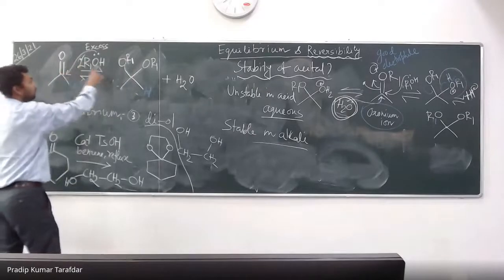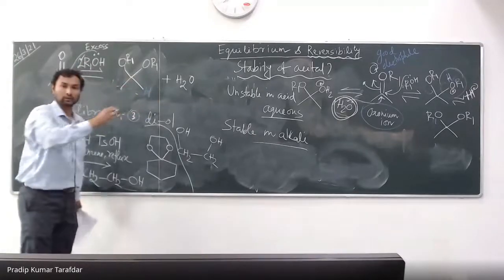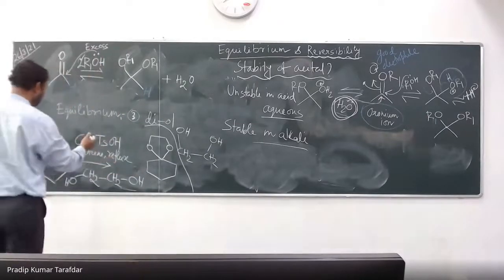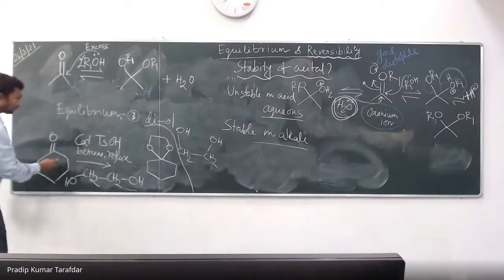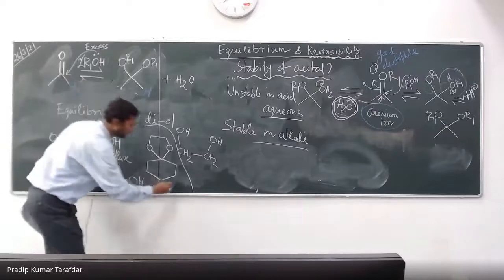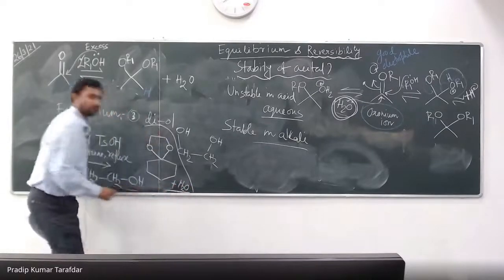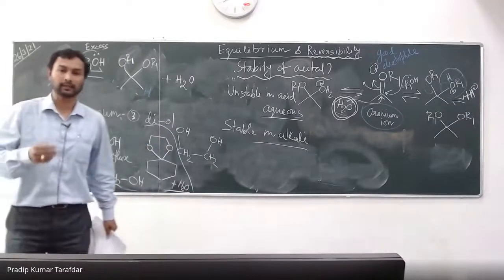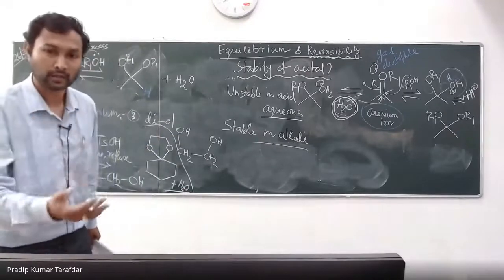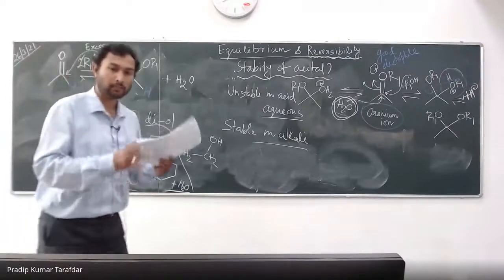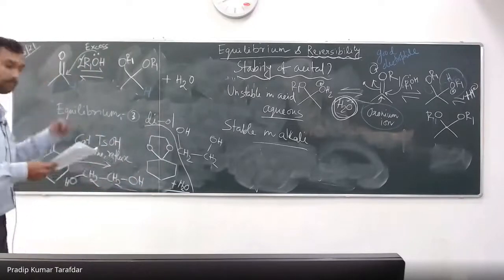So three molecules, you are getting two molecules, so entropically this is not favorable. If you use a diol, from two molecules you will get two molecules, because the other molecule, which we are not writing, is water. So this is one more strategy to play with the entropy factor.